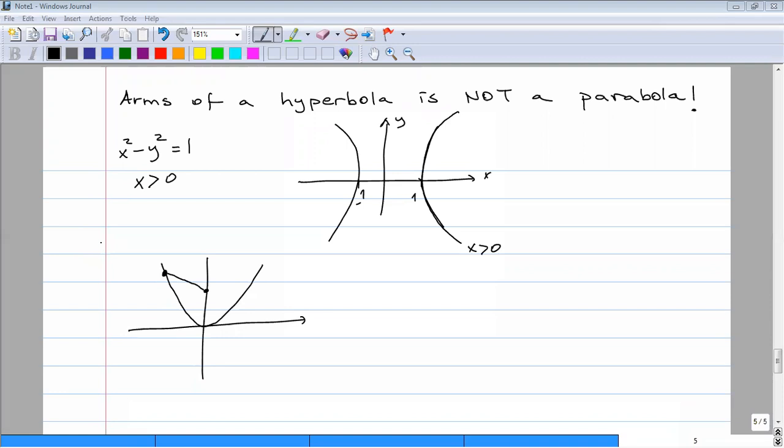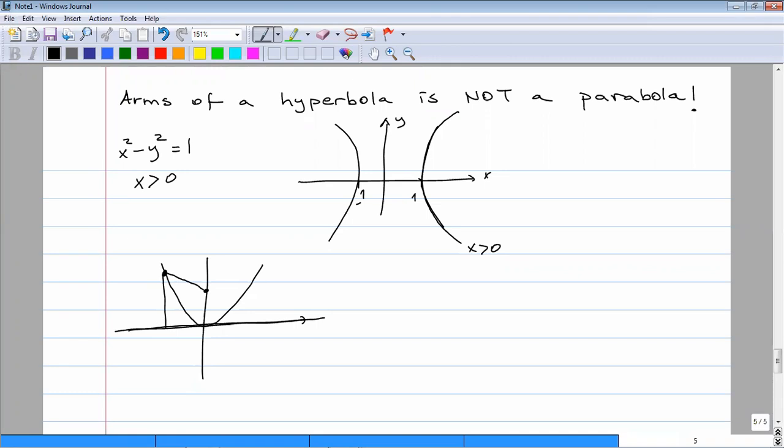A parabola whose points are equidistant from a fixed point F and a fixed straight line. Yes, thank you. So you take a point, and in this case, for example, it will be the x-axis. The distance to this point and the distance to the x-axis are the same. Yes, this is what you meant.